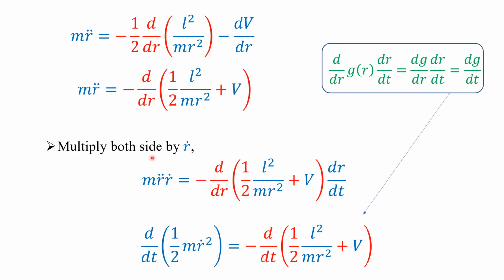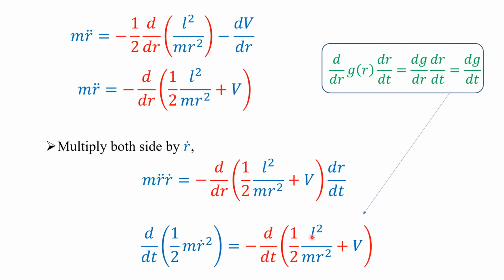This is equal to half m r dot squared. If you differentiate this, you will get 2 r dot, so 2 will get cancelled. You will get r double dot, which is exactly equal to m r double dot.